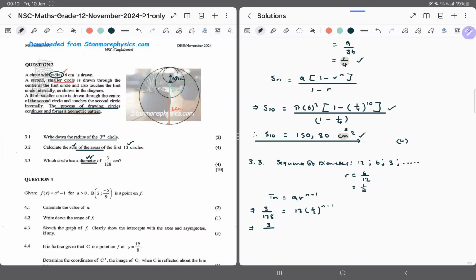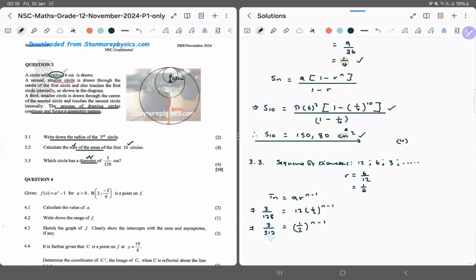Wait a minute. Let's see. This is 3 over 128 divided by 12. Okay, so I'm getting 1/512. Okay, so this is 1/512 equals a half to the exponent n minus 1.